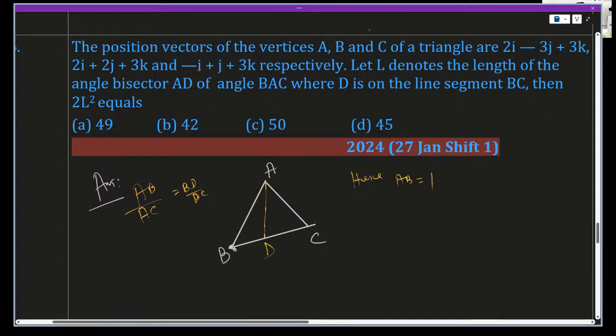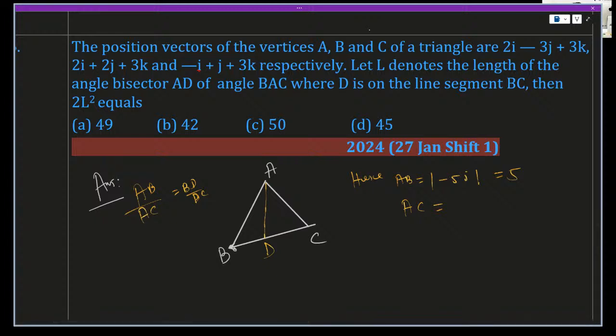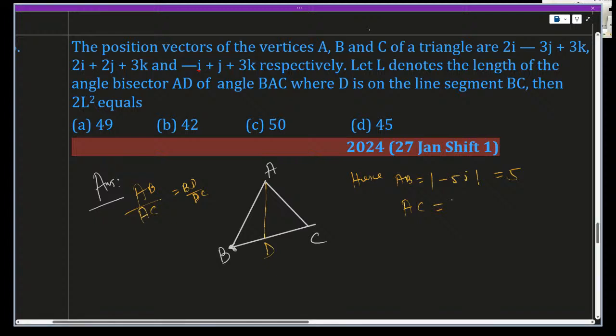AB means modulus of the vector, this minus this. This is 5. AC what? Modulus of this is also 5. It's a very good information. 5, 5. So AB equals AC.